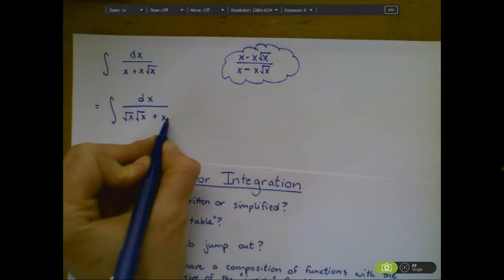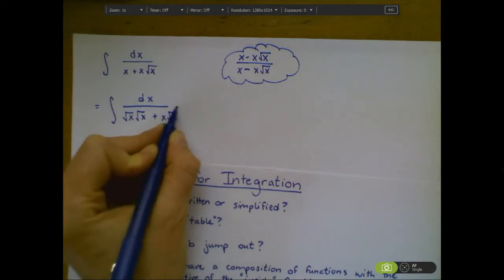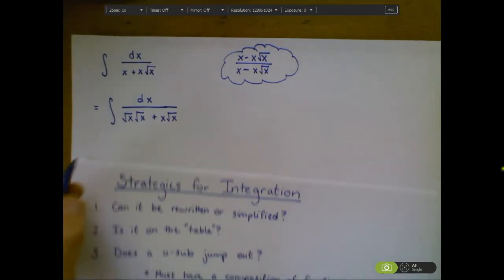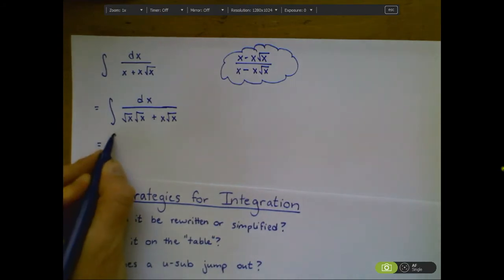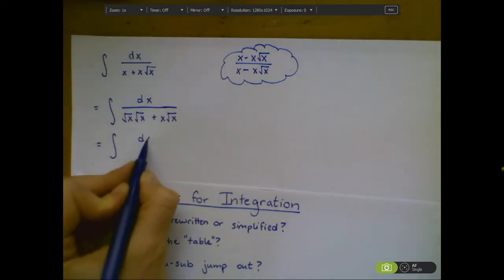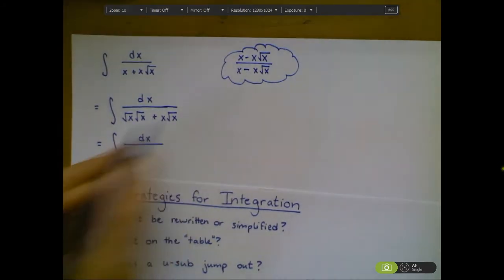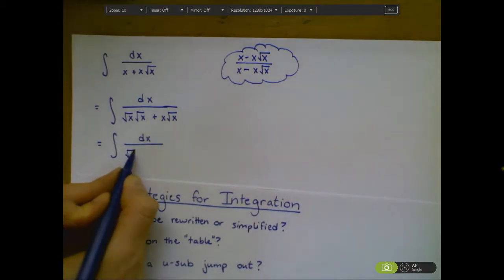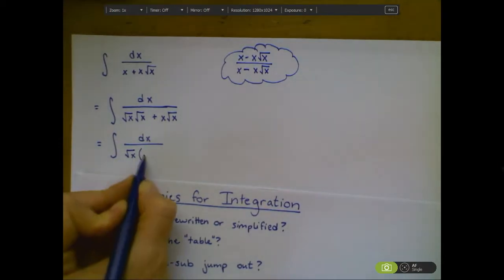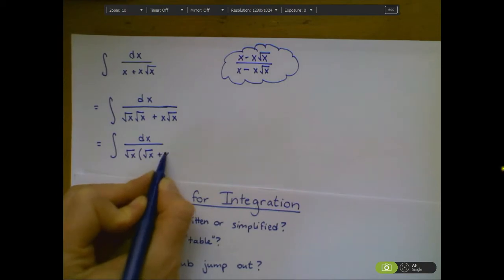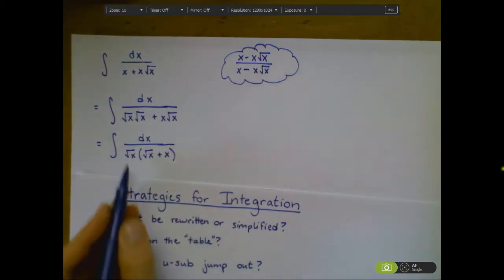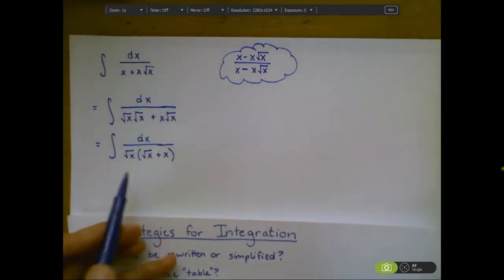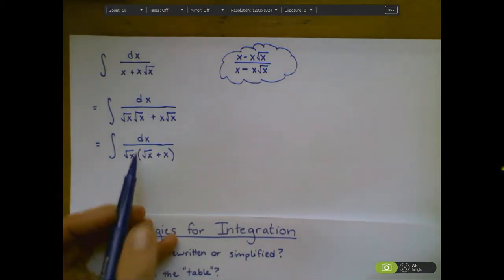So this is plus x times the square root of x. This is sort of an intermediate step to show my algebra, but the real reason why I wrote it like that is so that I can factor out a square root x. So I just rewrote this as this.